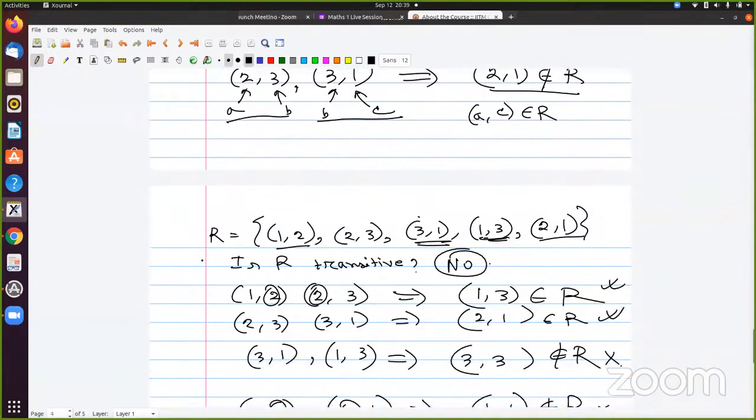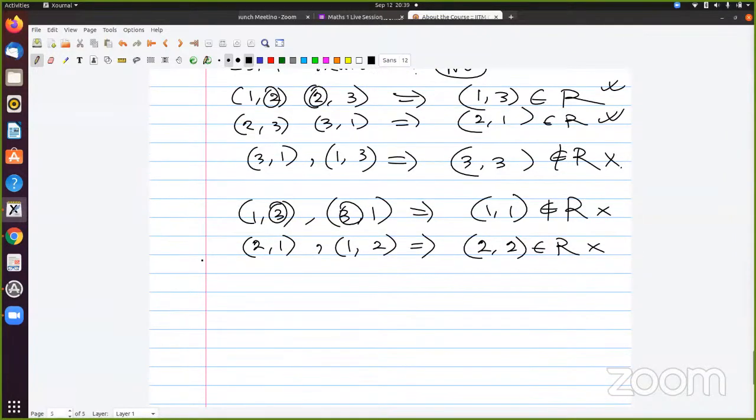Sir, if suppose there are two pairs (A,B) and (B,C), and we make a pair (A,C), then we call it transitive. If it's in the reverse order (C,A), then also it will be transitive?